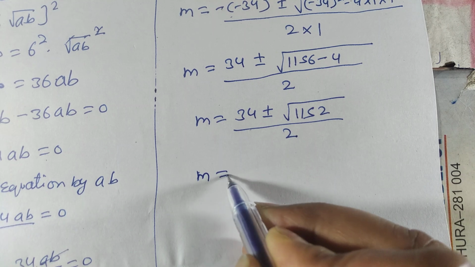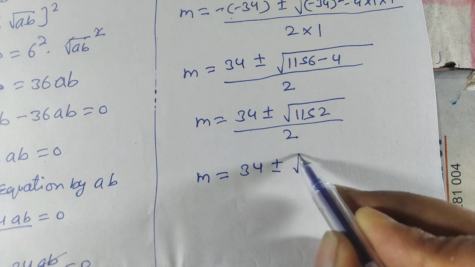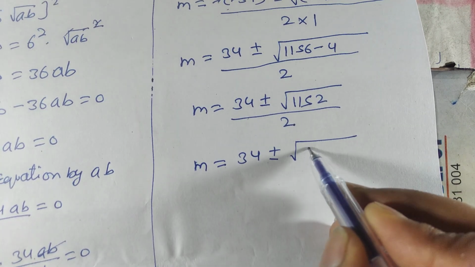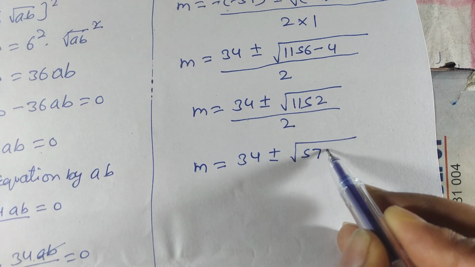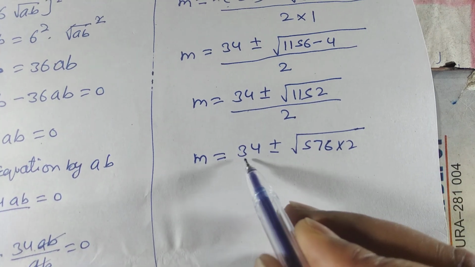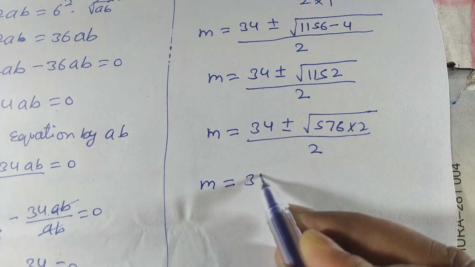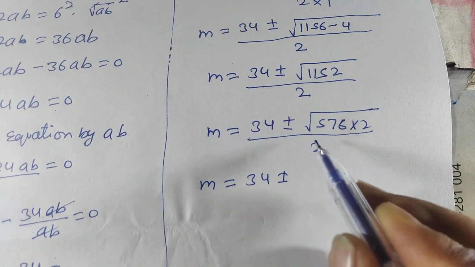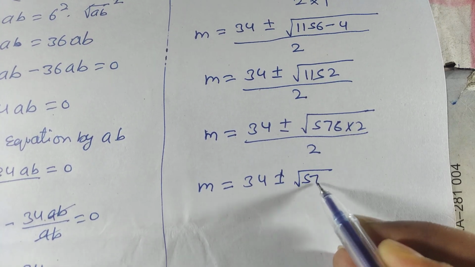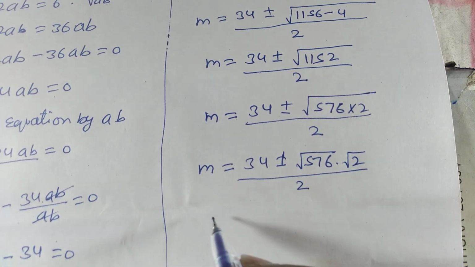M is equal to 34 plus or minus square root of 1152 over 2. Breaking into two parts, 576 into 2, over 2. M is equal to 34 plus or minus, writing this part in this form, square root of 576 into square root of 2, over 2.